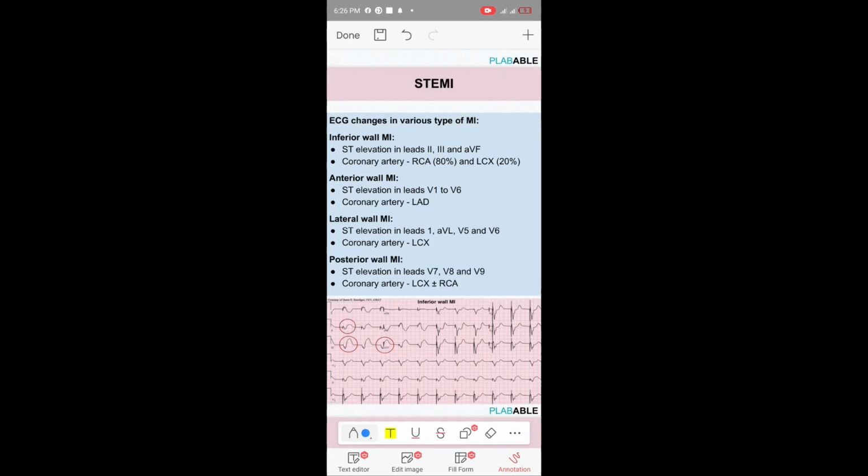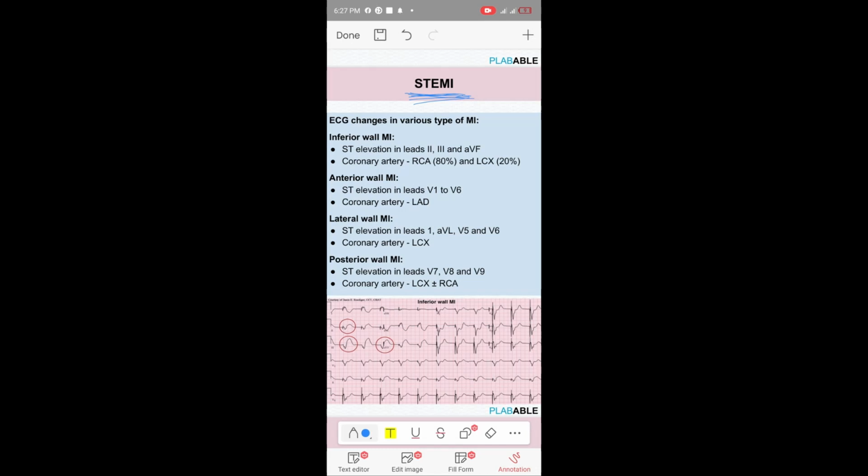So first, dealing with the STEMI, that's the most serious of all of them. The patient may have a risk factor and is presenting with chest pain. The chest pain of an MI is never pinpoint. It will be diffuse, pressing, sometimes dull as well.